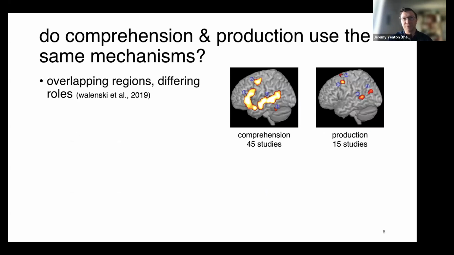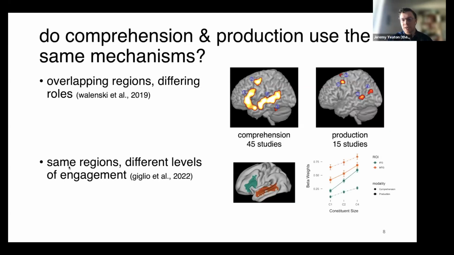And if you'll note, they had 45 studies for comprehension and only 15 for production. So already we see that there's kind of a power imbalance here. Giglio and colleagues found that you had the same regions, kind of these broad swaths of cortex that were implicated in both production and comprehension, but different levels of activation depending on input versus output. So it seems like maybe not exactly the same thing is happening at the syntactic level in both production and comprehension.